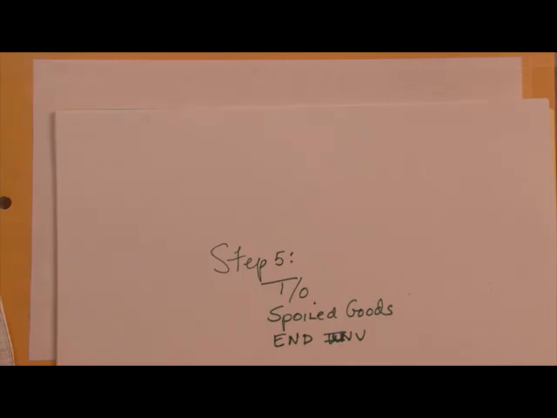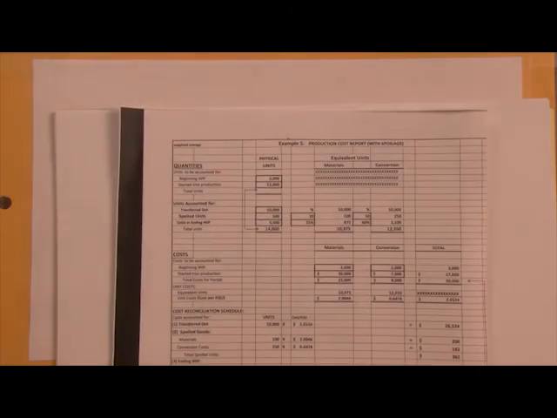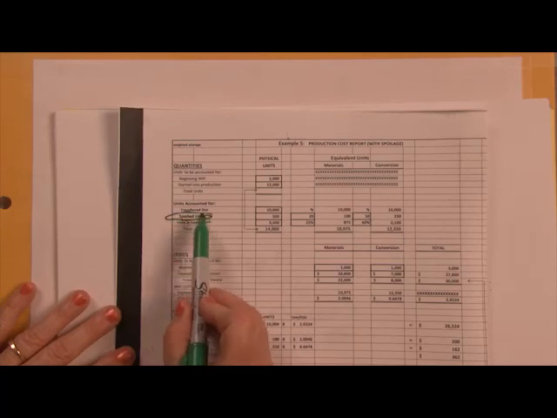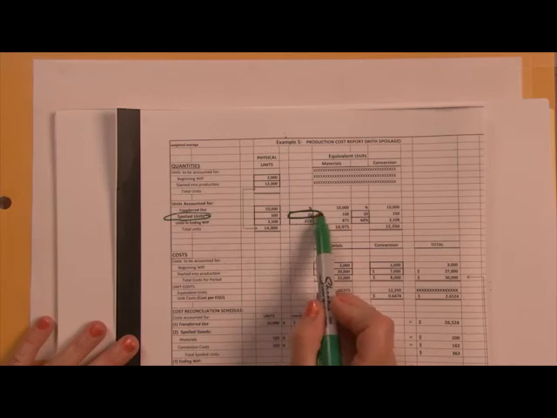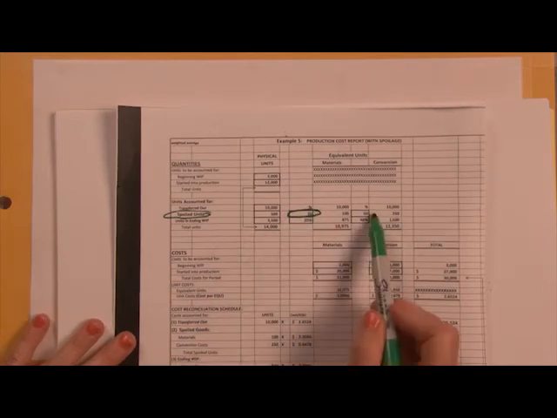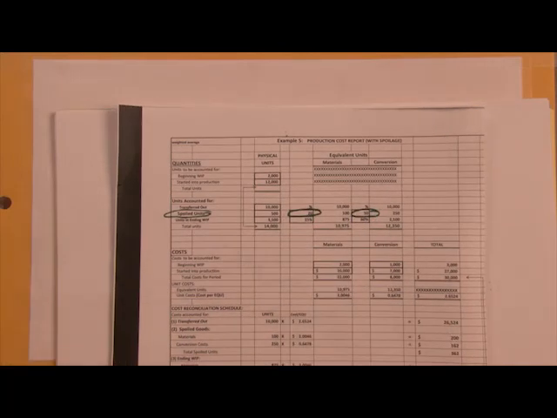So if you have your template in front of you, in step 2, you will see spoiled units, and you will see that we have to be told that they were 20% complete as to materials and 50% complete as to conversion. So not only will management tell us how many units were spoiled, but they will also tell us at what degree or at what stage of completion did the units become spoiled.